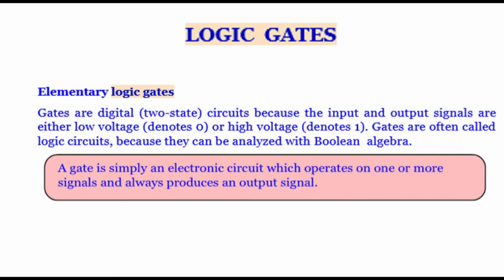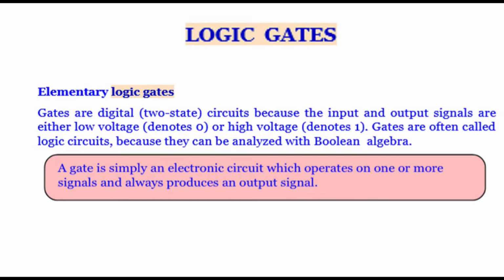What is a gate? A gate is an electronic circuit or electronic operation which operates on one or more inputs and always produces one output signal.